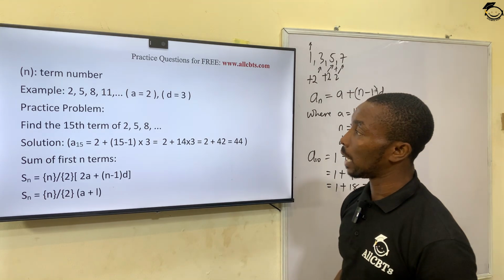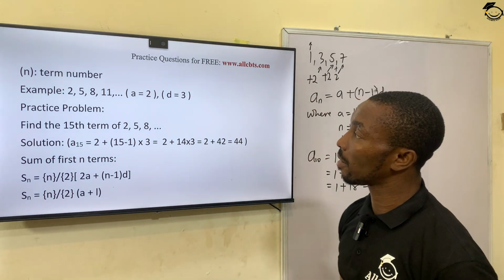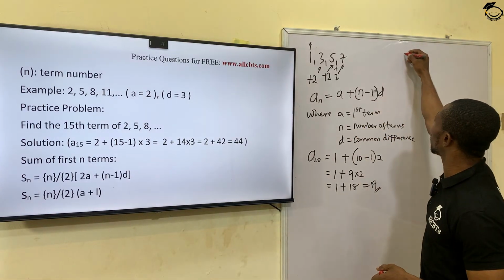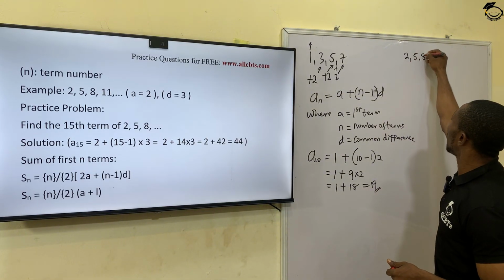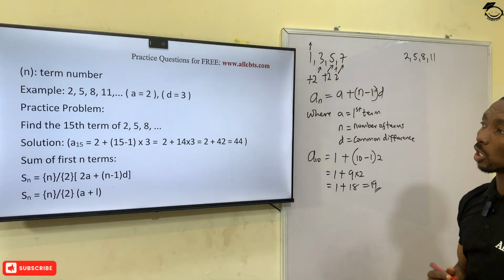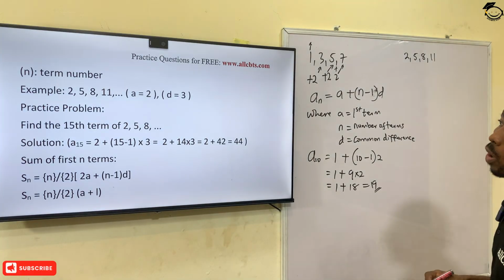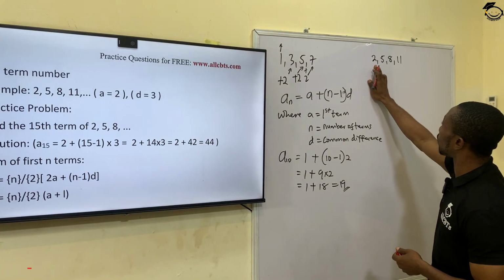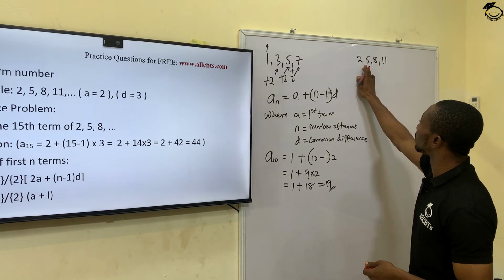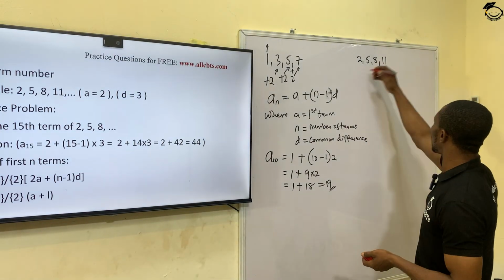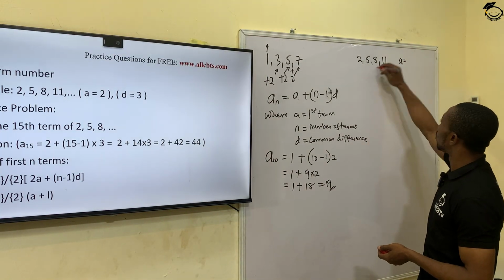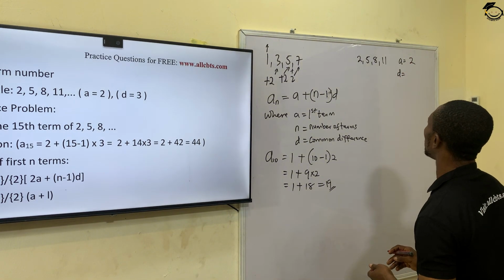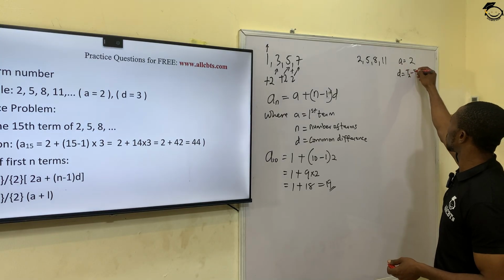All right, now let's look at an example here. We have a sequence as 2, 5, 8, and 11. In such a sequence, what would be your first term? Your first term for every sequence is the first number that the sequence begins with. So here our A, which is our first term, would be 2. For the common difference, we do T2 minus T1.